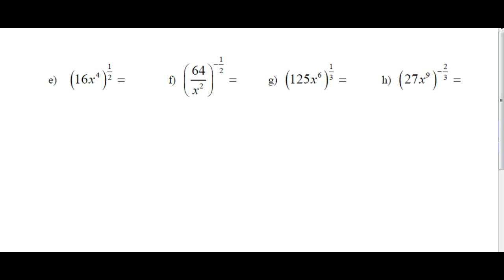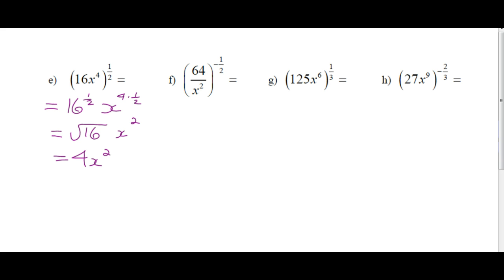All right, so obviously we need to break this down. So it's 16x to the 4th, all to the half. Okay, so we've got a product to a power, right? Which means we take each individual part of the product.